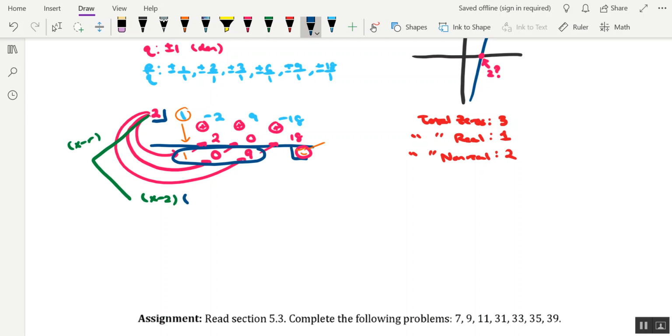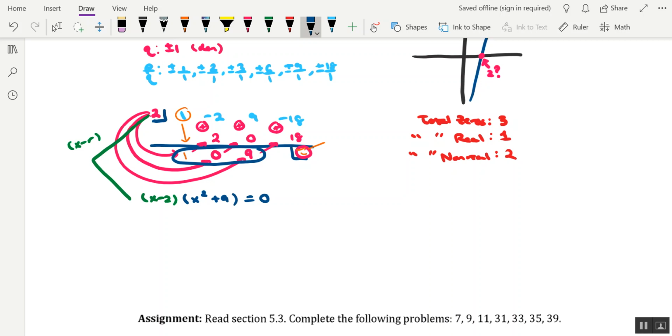Now do keep in mind the polynomial starts out as degree 3, so this quotient polynomial should be a degree 2 polynomial. And using the coefficients from the synthetic division, we would get x squared plus 9, and that's still set to 0.